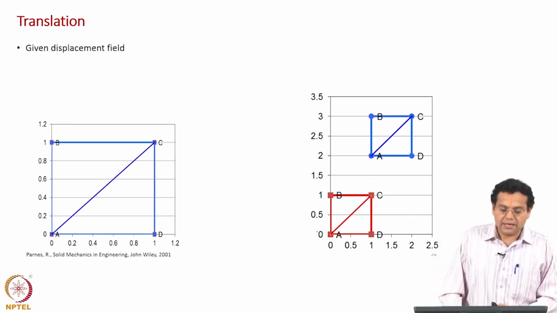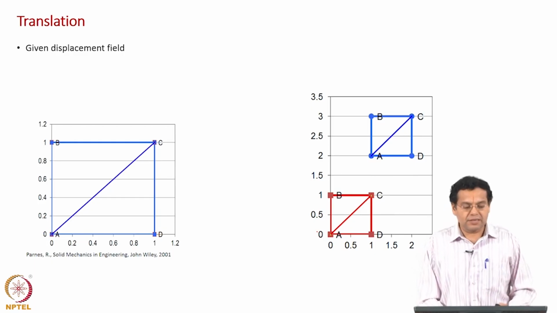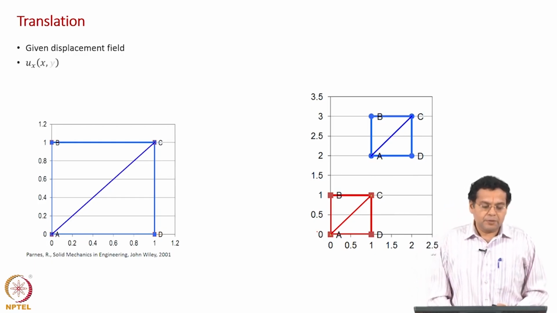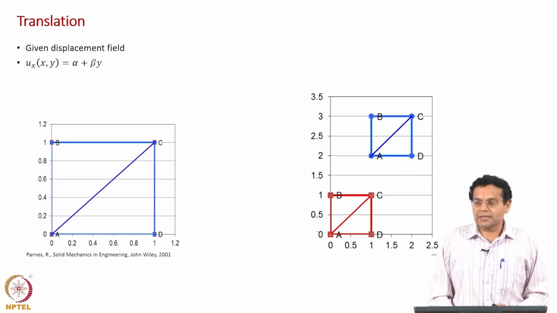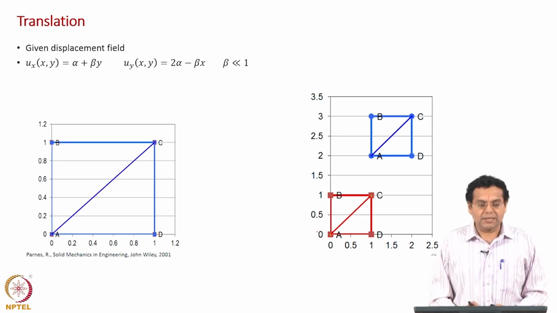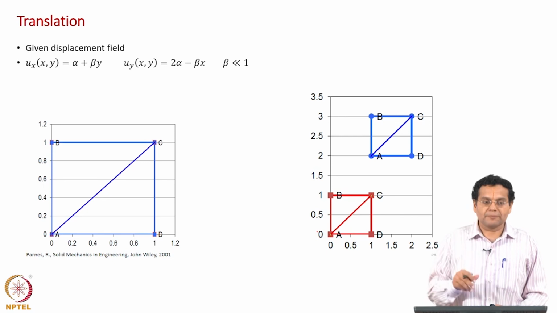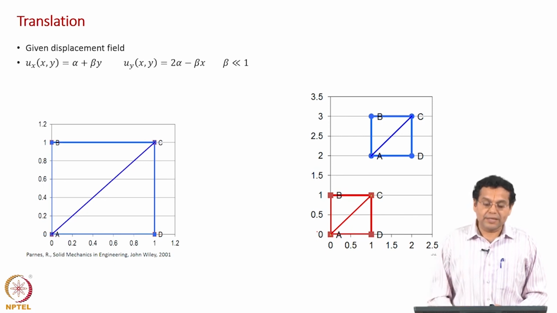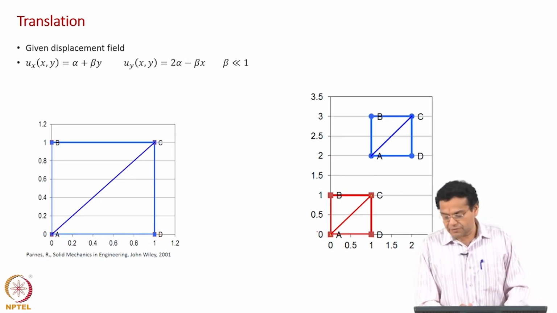We are given a displacement field. What is a given displacement field? Two dimensional case. So, we are given Ux as a function of x comma y, Uy as a function of x comma y. In this case, they are much simpler. The x displacement depends only on y, okay, and the y displacement depends only on x. Okay. Now, what is the functionality we have taken?